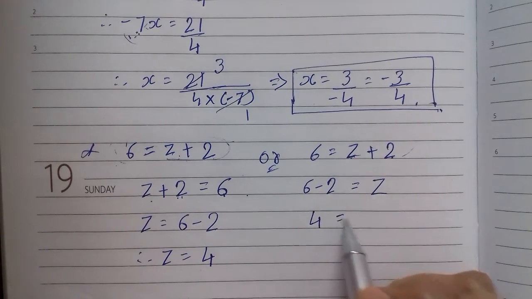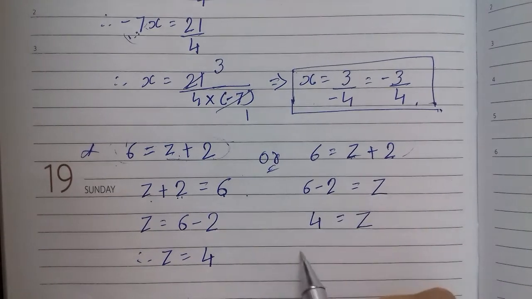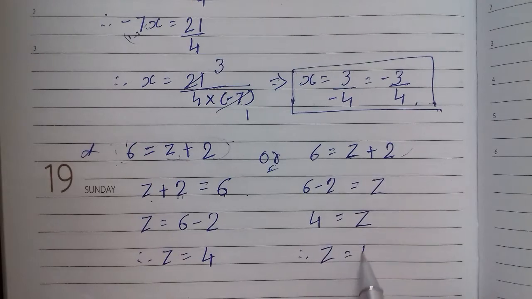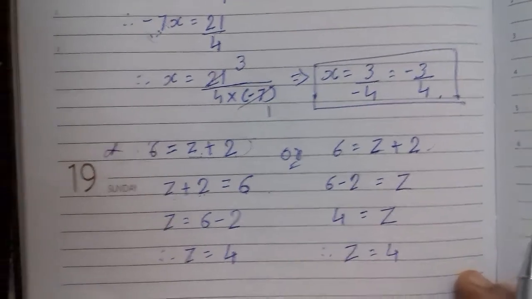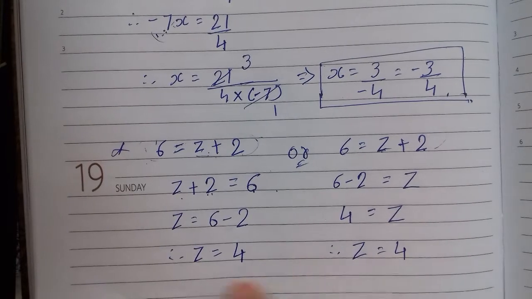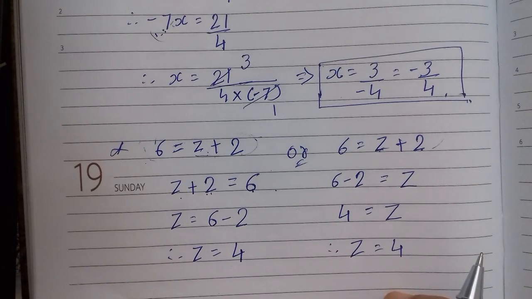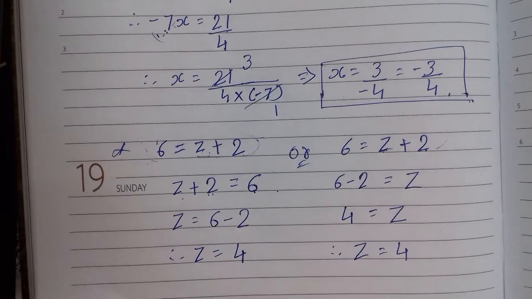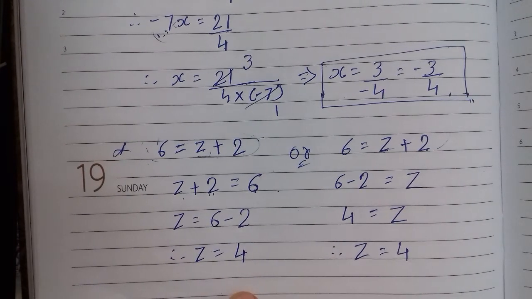Therefore 4 is equal to z. That means z is equal to 4. So you can do this sum by any of these methods. So today try to do exercise 2.1 by this method.